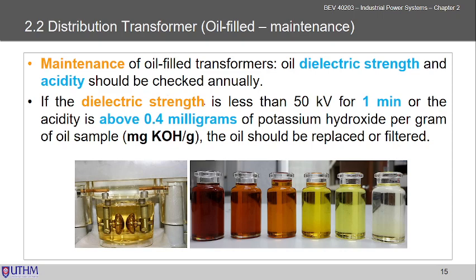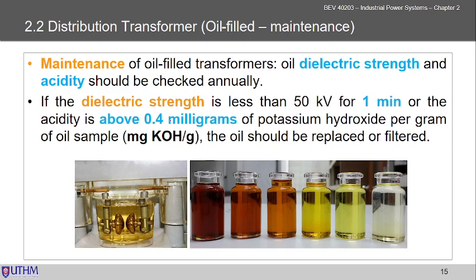It must withstand 50 kV for 1 minute. So if when you test it you have a flash over within 1 minute, let's say in 20 seconds or 30 seconds, that means we need to change the oil. Okay.